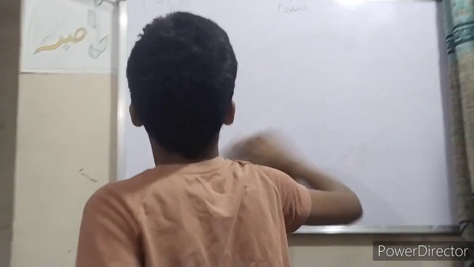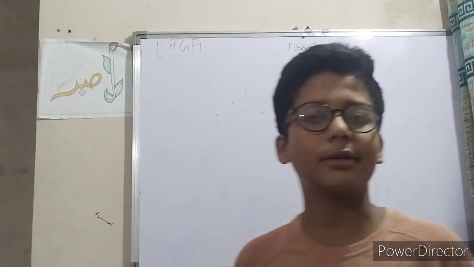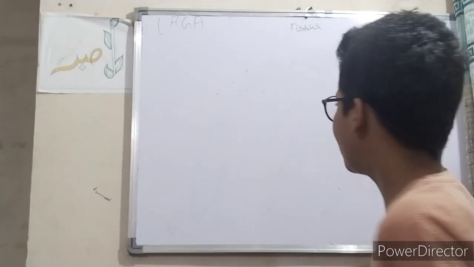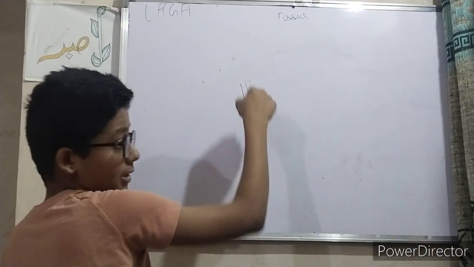Now next is lateral meristem. Lateral meristem is responsible for the sideways growth of the plant. This is an easy topic. And this is our plant. This is a stem.